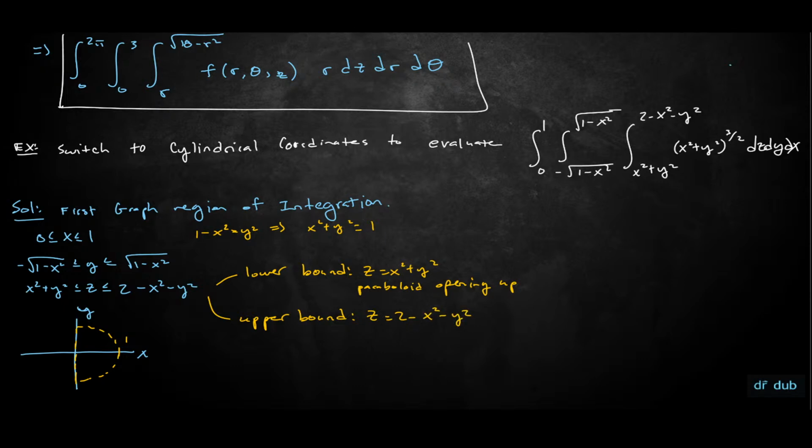And that's actually a paraboloid opening down. So if we just look at the z direction, we see a paraboloid opening up like this and a paraboloid opening down like this.